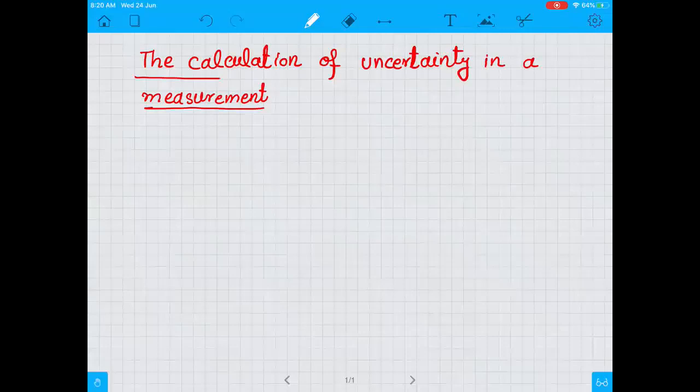So today the topic is how will we calculate the uncertainty in a measurement.